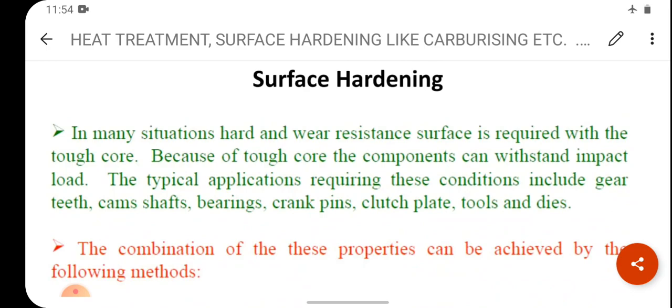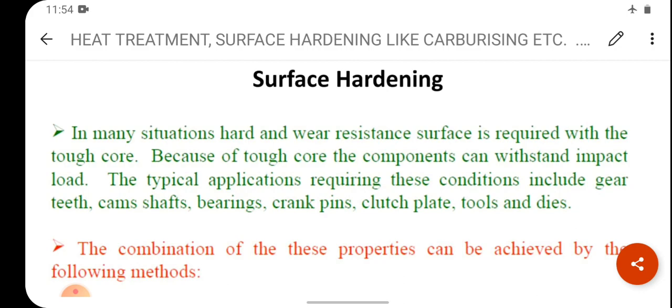Surface hardening is nothing but the hardening of the surface or the case of an object. So in many situations, hard and wear resistant surface is required with the tough core. Core will be tough, but surface and case will be hard and having wear resistance properties.